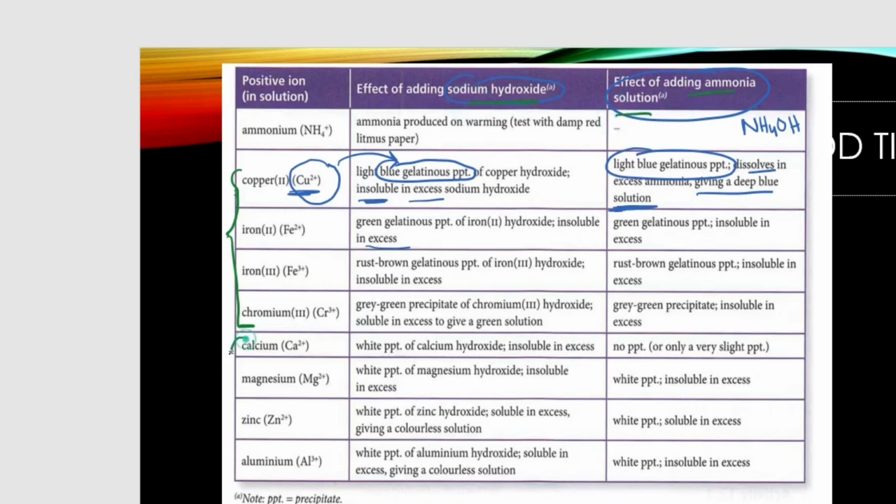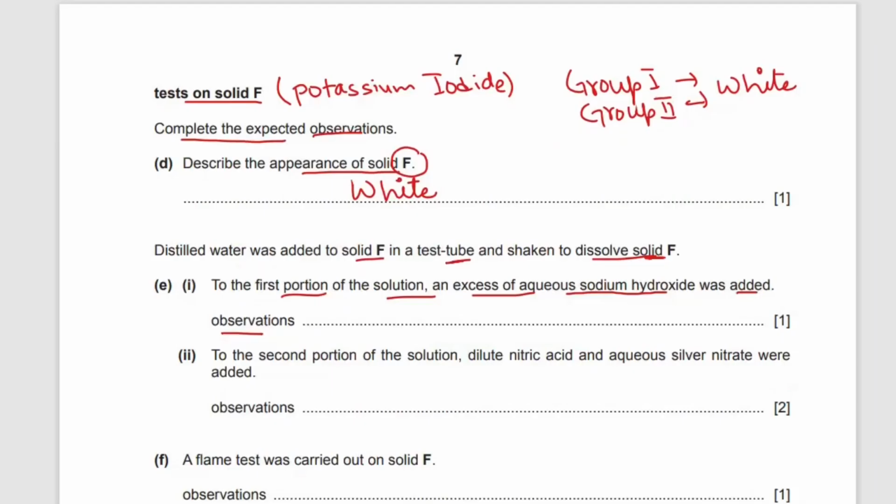And these 4 ions, calcium, magnesium, zinc and aluminium, they give white PPT when we add to them the alkali, right? Sodium hydroxide and ammonium hydroxide. So 4 colored and 4 white. So here, because it is potassium and potassium does not give any reaction, so we will write here no reaction, no precipitation.